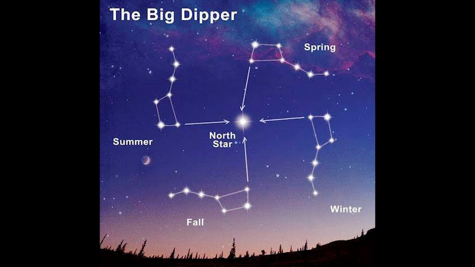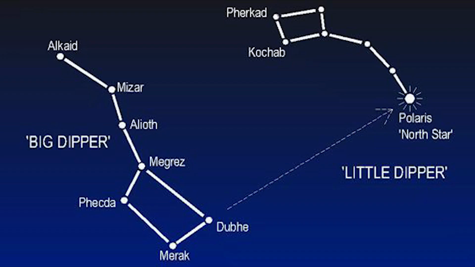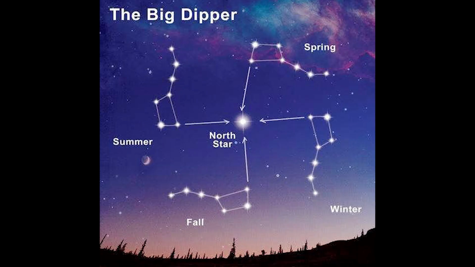Because the Little Dipper's tail is the North Star, and it connects with the Big Dipper, and it spins every day, 24 hours, just like a clock. And it also begins to spin at the beginning of each season, as you can see.